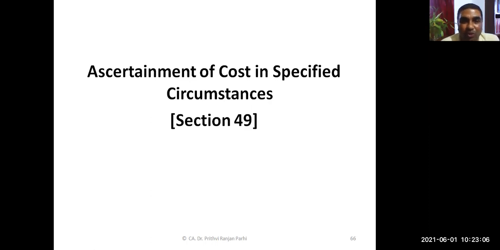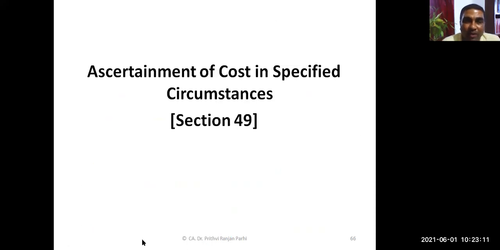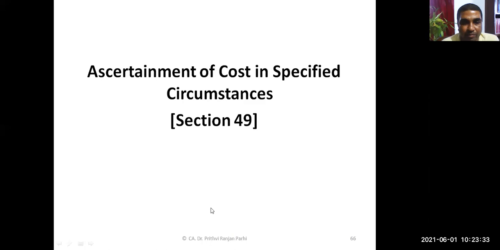If you look at section 49, it talks about various circumstances where there are different provisions to arrive at the cost in different situations. So, let me show you section 49 so you can have some idea, and then I will be explaining these concepts. Oh, sorry. Give me 1 second for this.